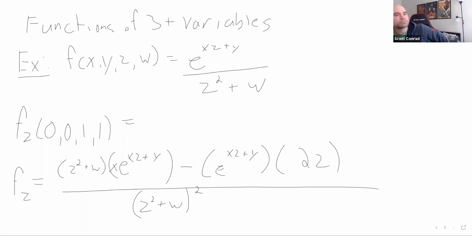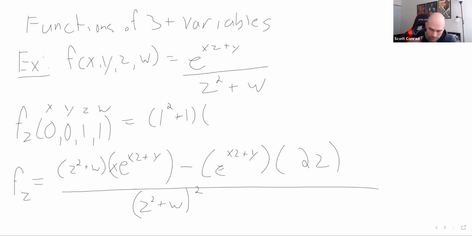And now we're going to plug in the point 0, 0, 1, 1. So this means x is 0, y is 0, z is 1, w is 1 into our derivative. So we get 1 squared plus 1.